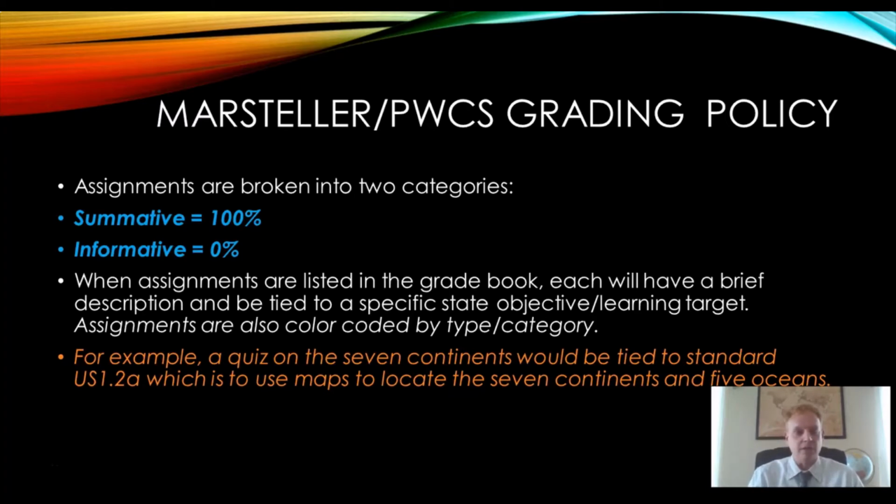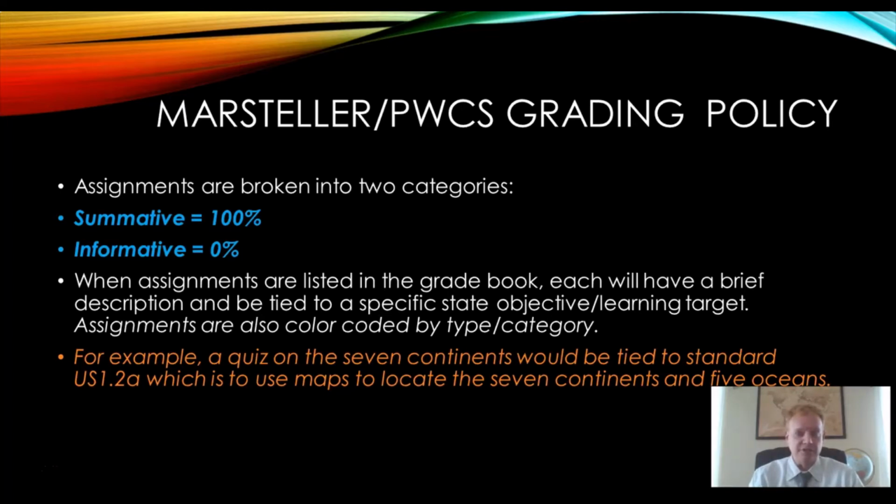When those are listed in the grade book, in student view, parent view, even in Canvas, which I'll show in a second, they're color coded, so you can tell what's a summative assignment and what's an informative assignment pretty easily. And you can see in the example there the way they're typically listed.